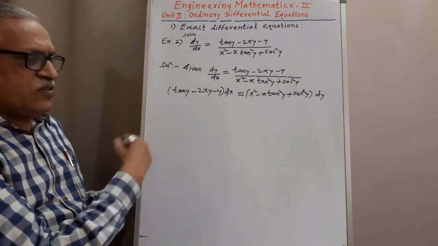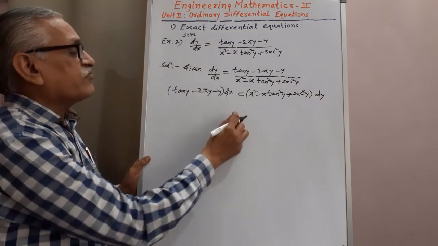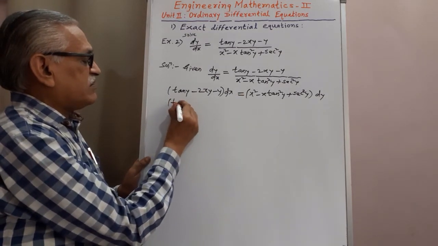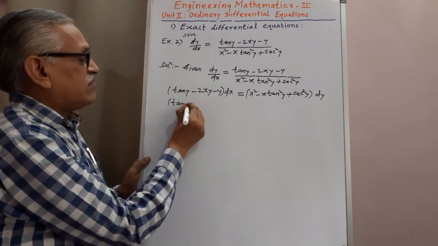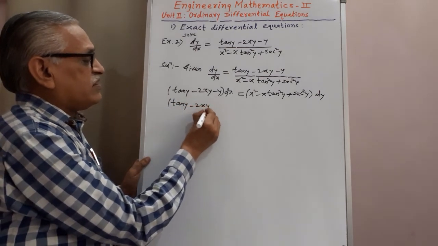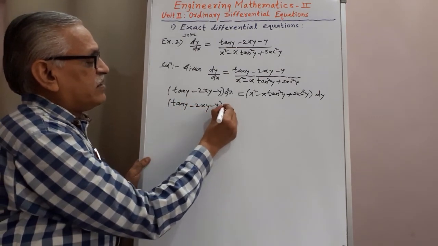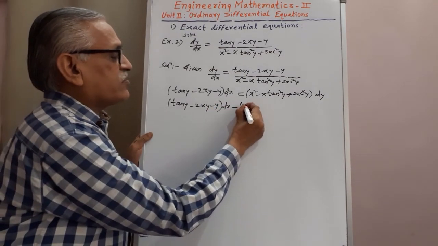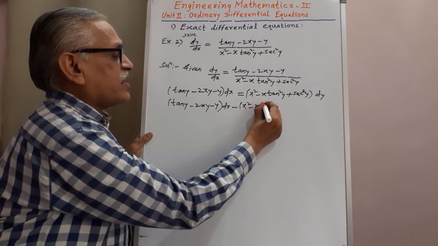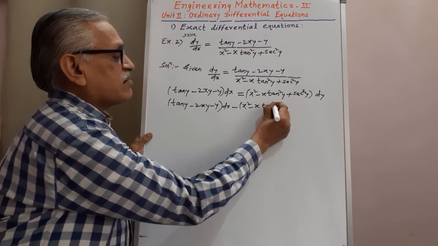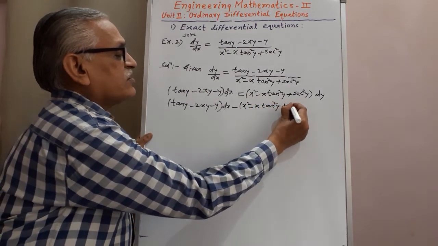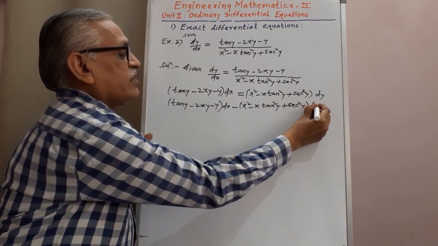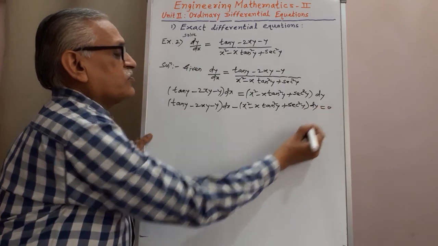Then transferring it to the left side, we get tan y minus 2xy minus y into dx, minus in bracket x square minus x tan square y plus secant square y into dy equals 0.